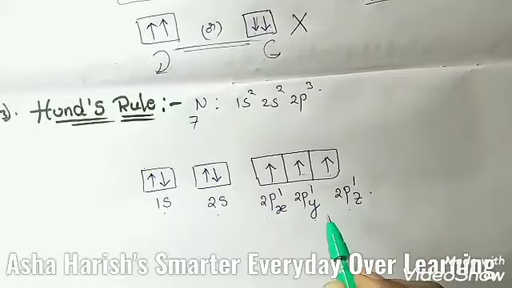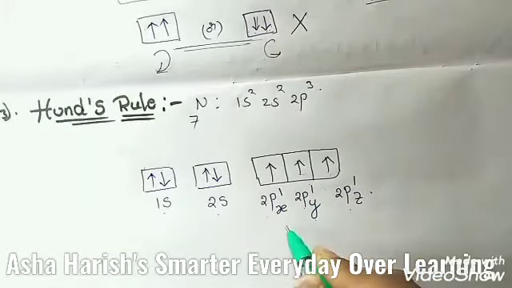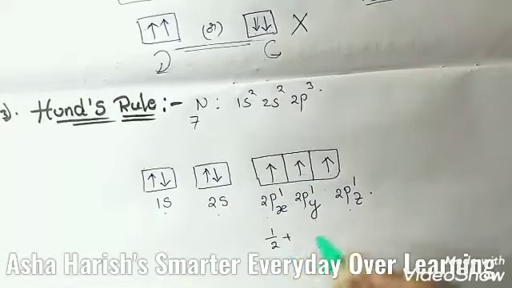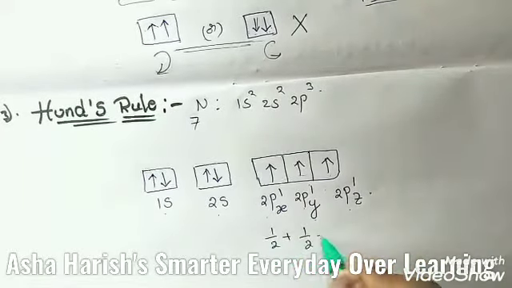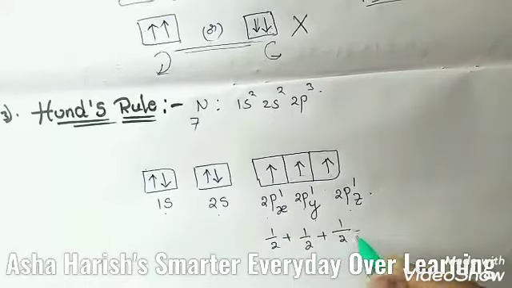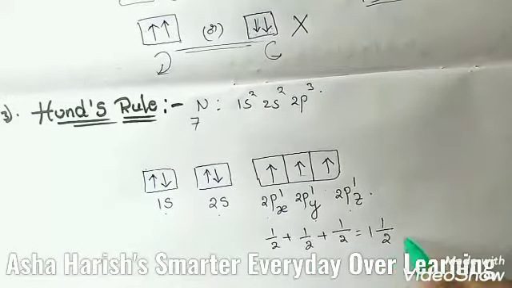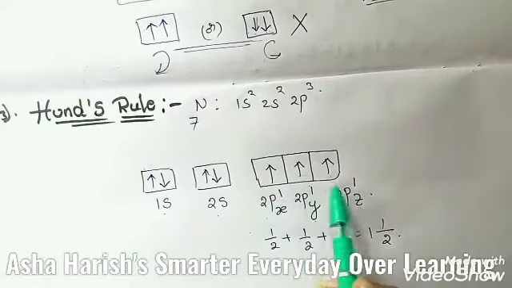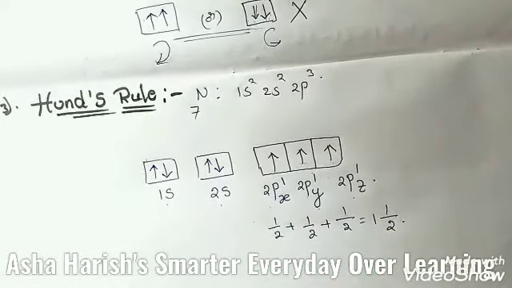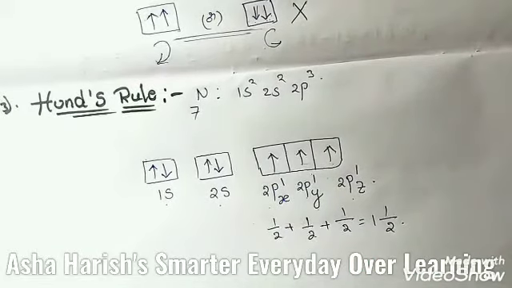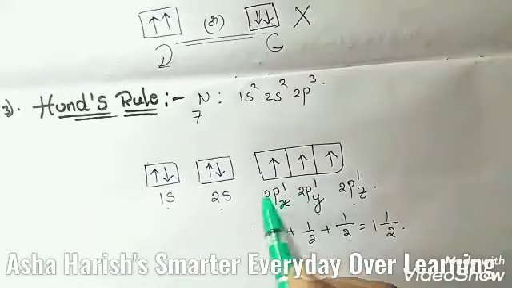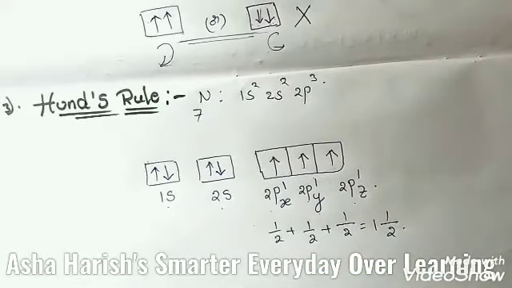And if you see the spins, 2px1 has spin half, 2py1 also half, 2pz1 also half, total 3 by 2. This is the total spin of the unpaired electrons in nitrogen. This is about Hund's rule. We have to follow this while writing the electronic configuration for the elements.